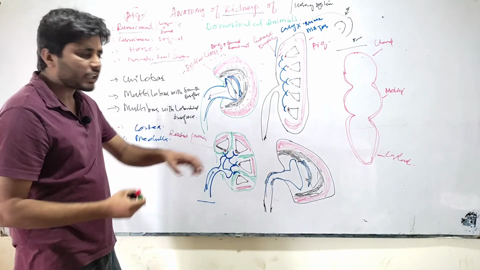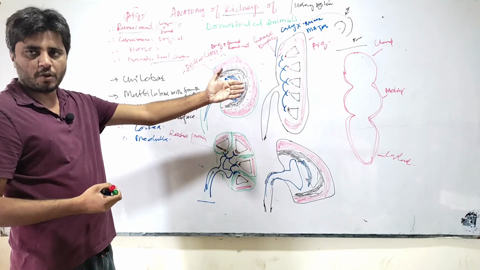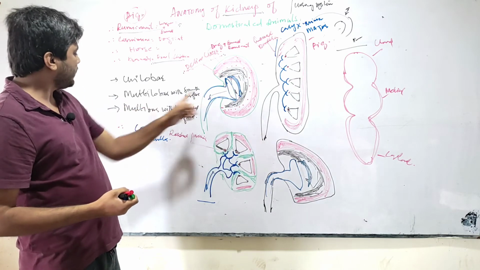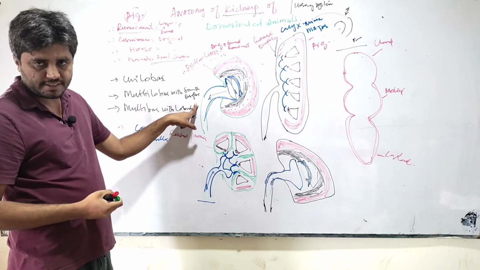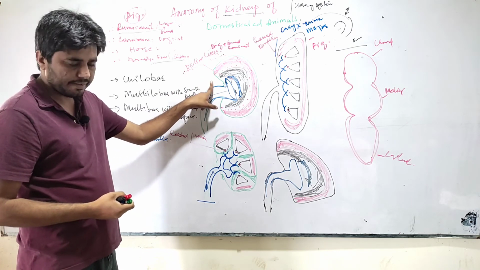The medulla is divided into lobes, so that is why this is called a multilobar kidney with smooth surface. The example is the pig.